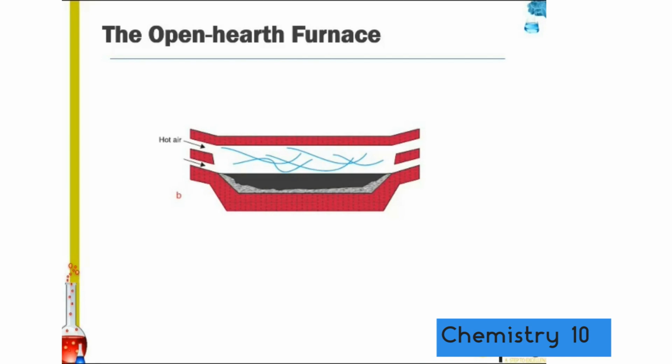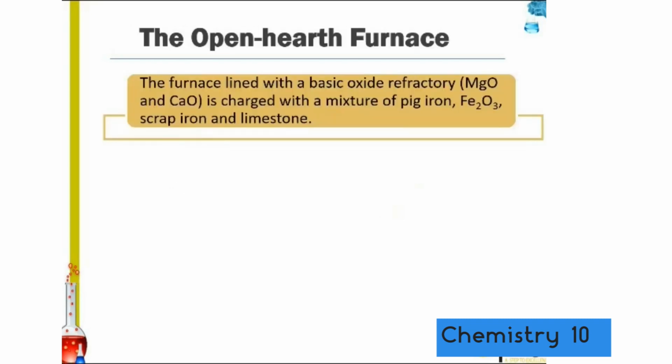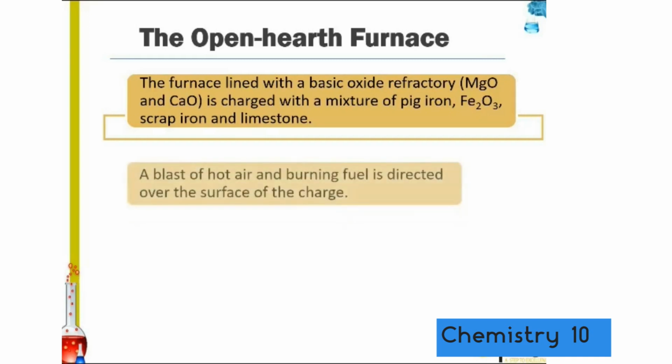We'll now talk about our second process, the open hearth furnace. In an open hearth furnace, the furnace is lined with basic oxide refractory, which is magnesium oxide and calcium oxide, and is charged with a mixture of pig iron, iron oxide, scrap iron, and limestone.